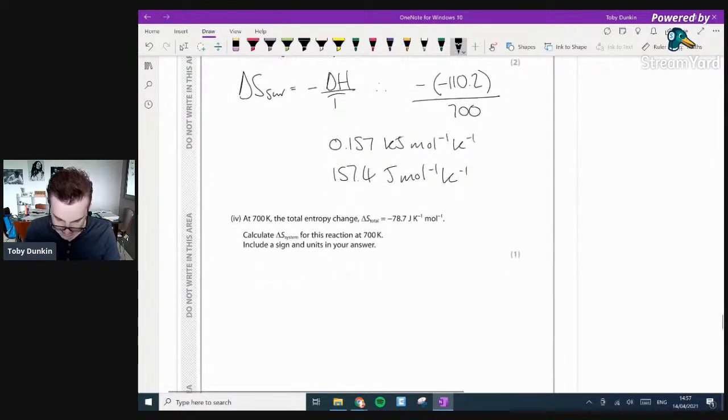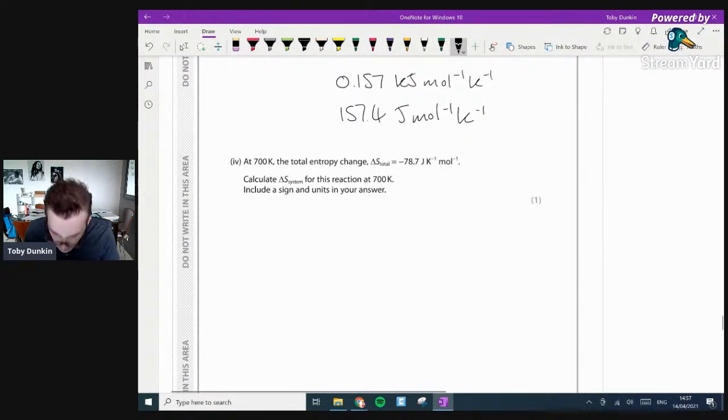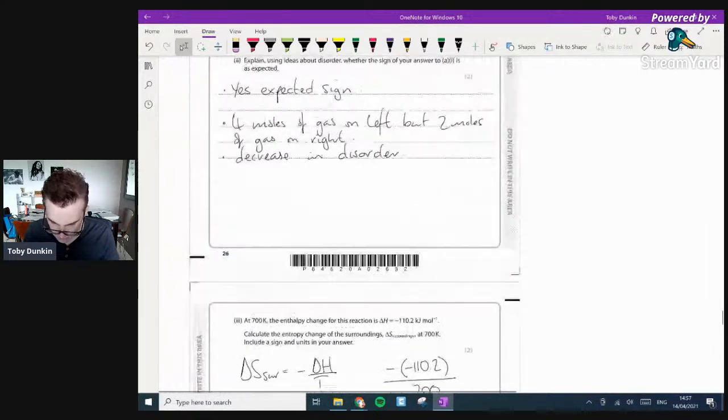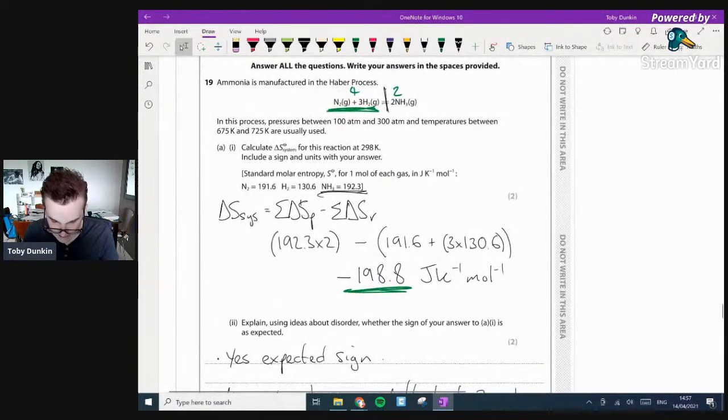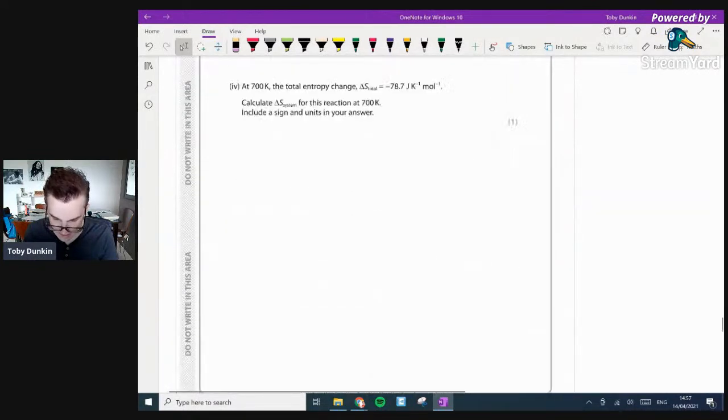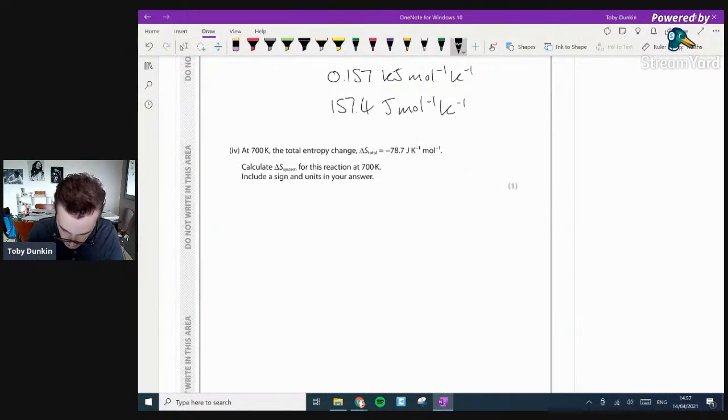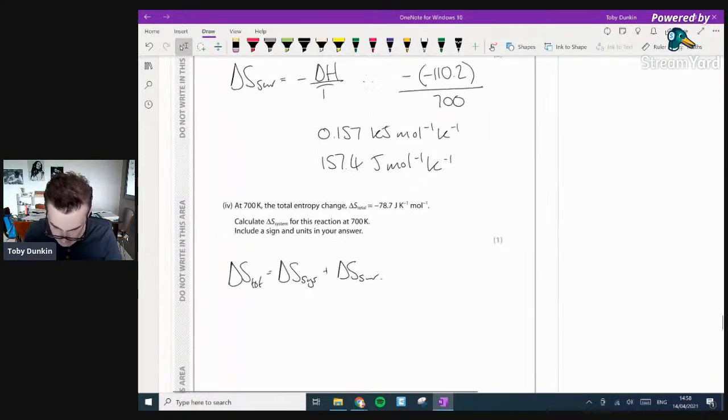At 700 Kelvin, the total entropy change is this. Calculate entropy of the system at 700. I thought we'd just done that. No, we calculated it at 298. Of course we did, standard values. So S total is equal to S system plus S surroundings. We've just worked out the S surroundings.